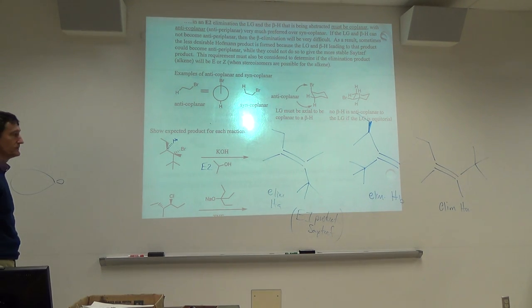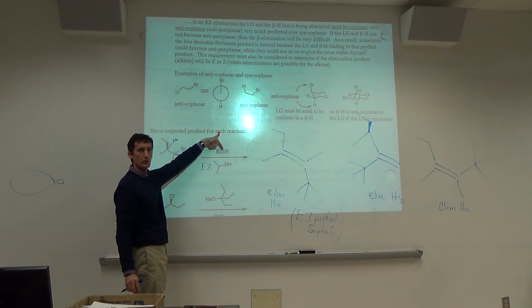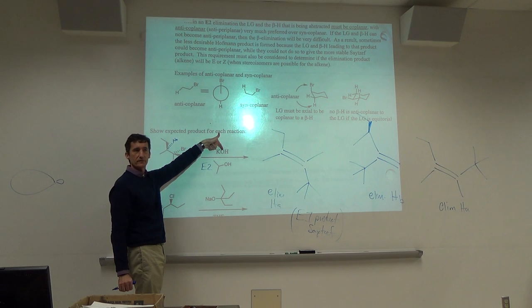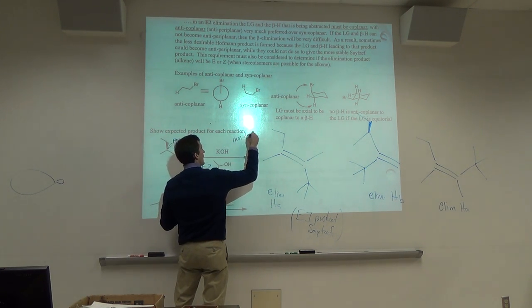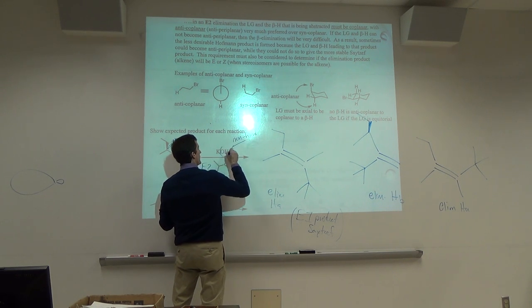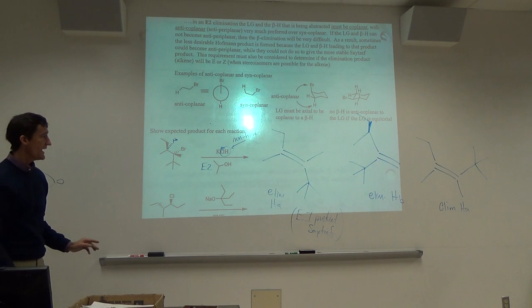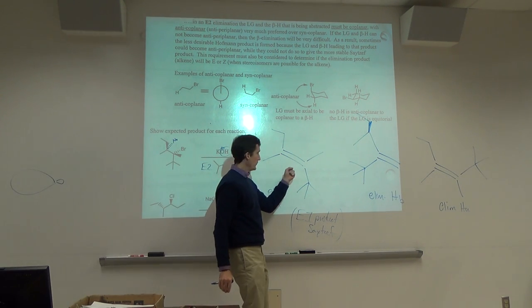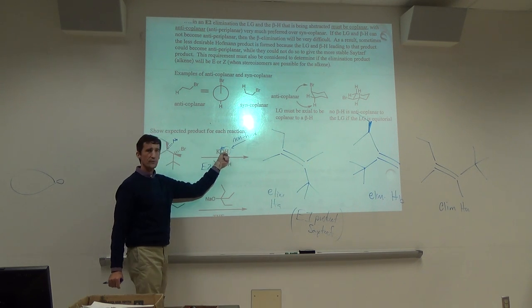Well, it varies. Two things. First off, is the base sterically hindered or is it very non-hindered? Non-hindered base. Now we would like to form the more stable product if we can, and hydroxide should have no problem doing that.